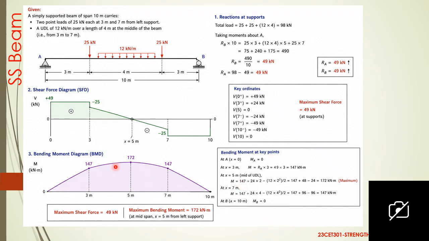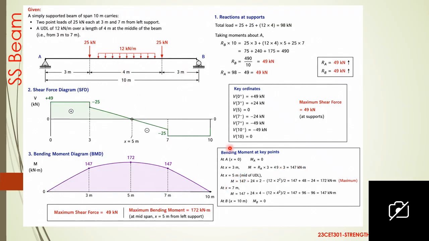And for bending moment, at A the value is 0, and at B the value is 0. That is, no distance to the left of A and no distance to the right of B. You can see at the support point the bending moment value is 0. At 3 meter, the moment is equal to RA into 3, that is 49 into 3, 147.